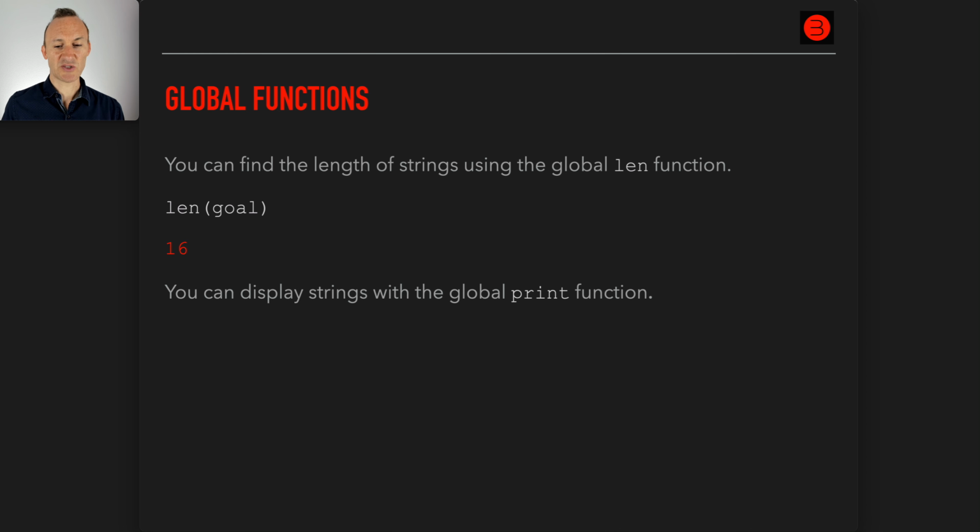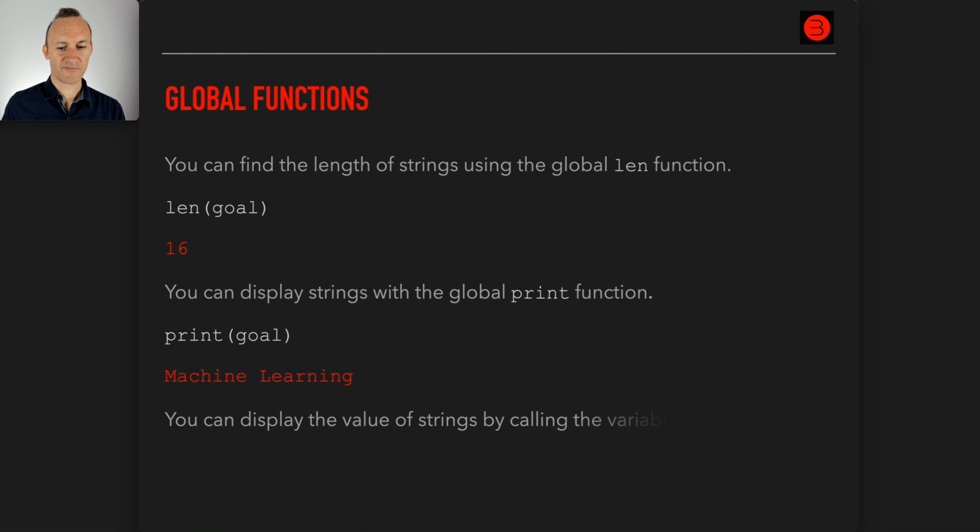You can display strings with the global print function. For instance, print goal will reveal the mystery variable goal. And it is, in fact, machine learning, which is the goal of Berkeley Coding Academy, to teach you guys machine learning. And you can also display the value of strings by calling the variable.